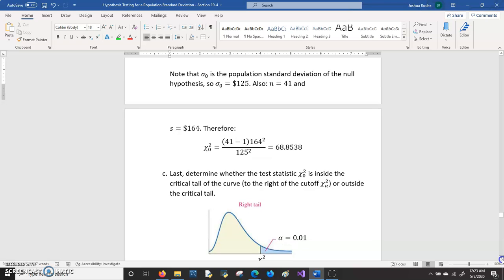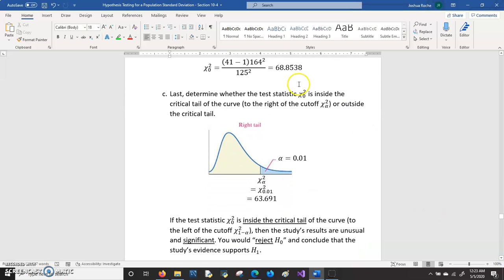And the last thing is to determine whether that test statistic is inside or outside the critical tail. The cutoff was 63.691. Our chi-squared value is 68.8538. Remember that the curve starts at 0 and it just goes to infinity this way. So 68.8538 is past that cutoff.